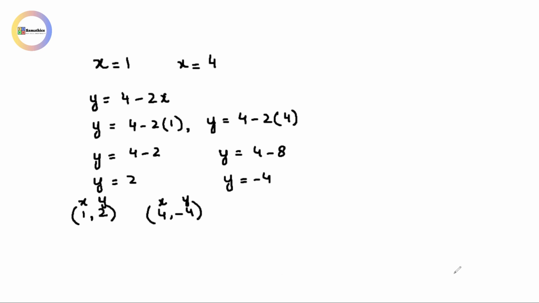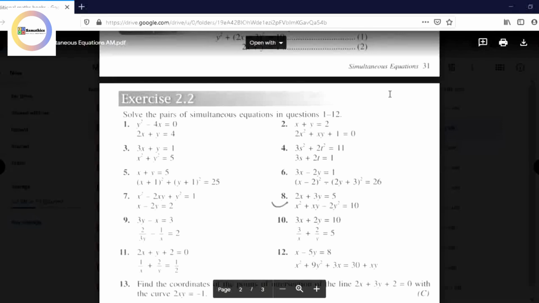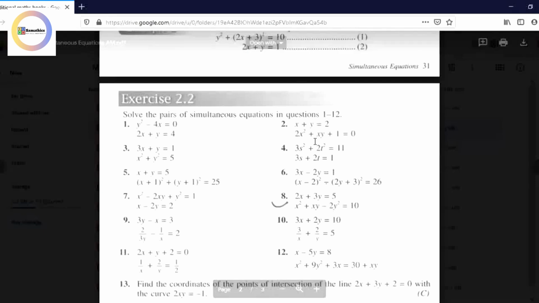So this is correct, right? Now I'm just discussing question number 2 and 3, because 2 and 3 you have to do as homework. Just 1 minute is left and then you will leave the class. x plus y is equal to 2, 2x squared plus xy plus 1. You will make x or y the subject from this linear equation, and it's better if you make y the subject because you will get the x value first.